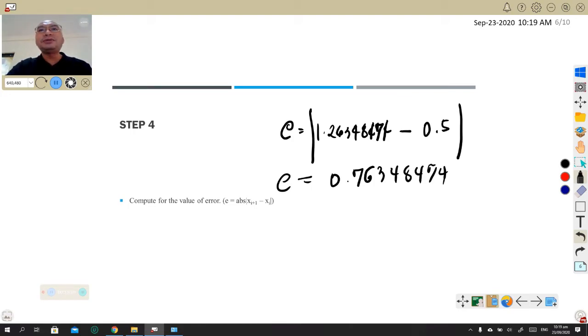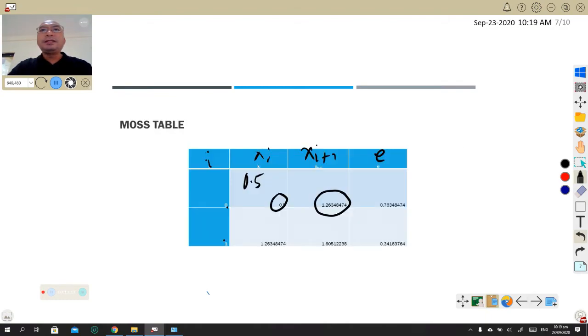So that will be our value of e. And we will be filling up our Moss table. Again, the value of e, which was derived in step number 4, will just be reflected here. So that is just to clarify.